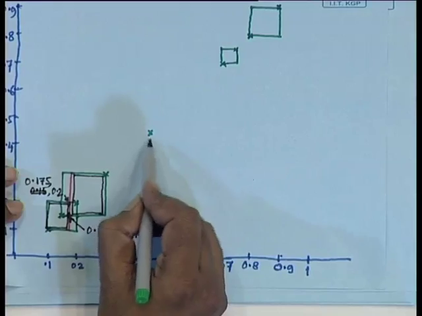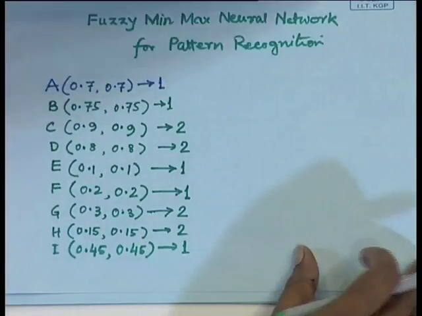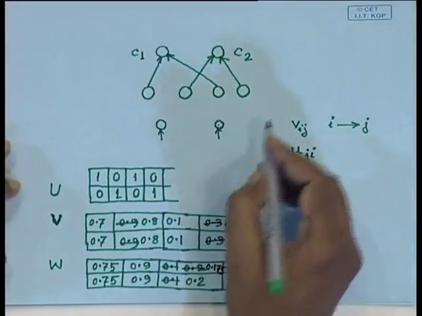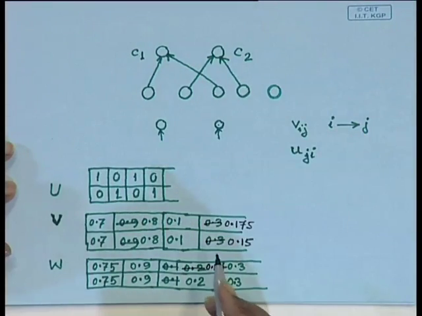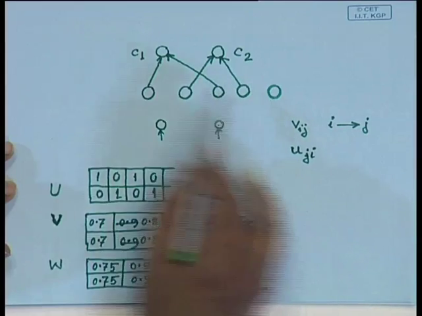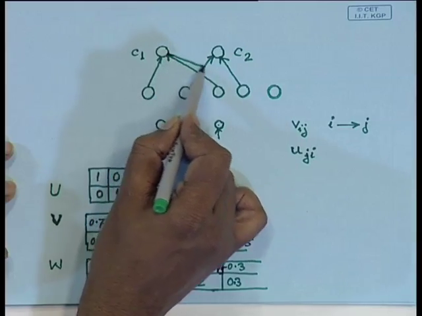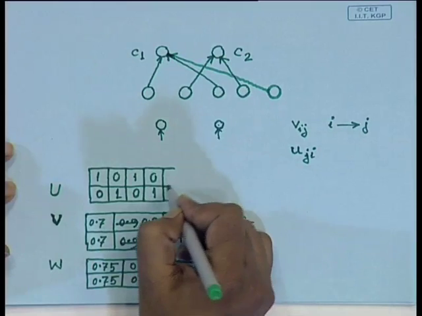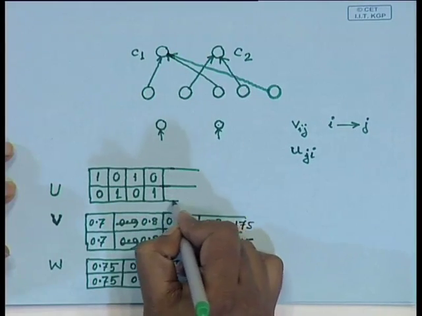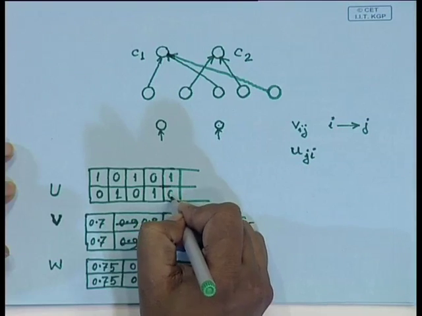So, I have to make a new node for this particular point, whose vector is 0.45, 0.45. I generate a new node, and I know that this node belongs to class C1. Accordingly, I have to make a connection from this node to class C1, and correspondingly matrix U will be modified as 1, 0.